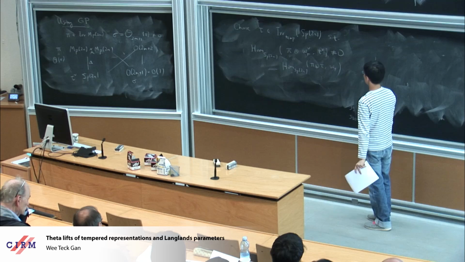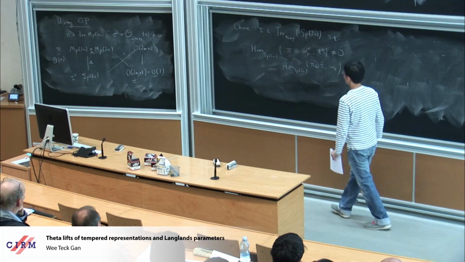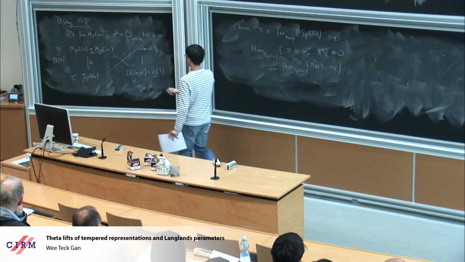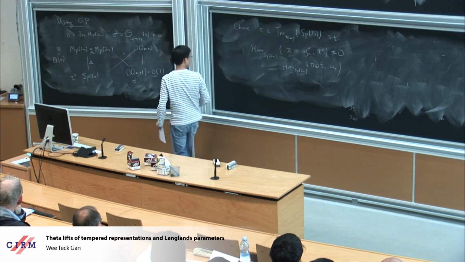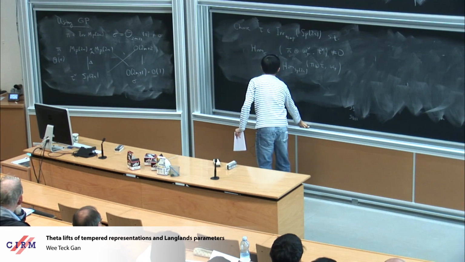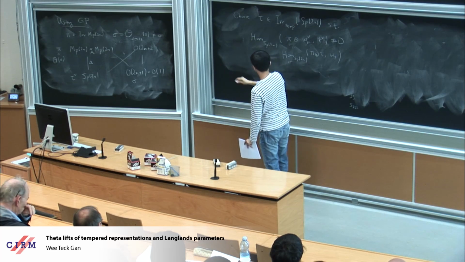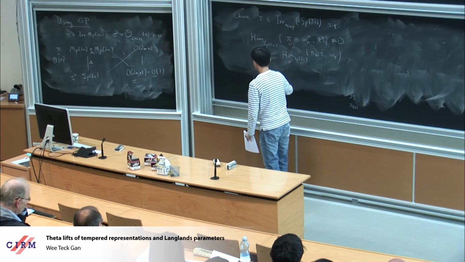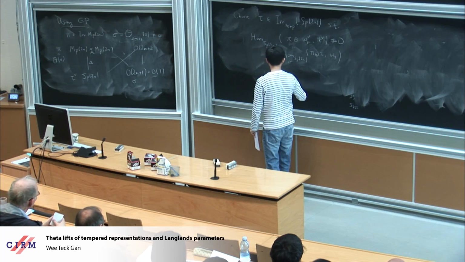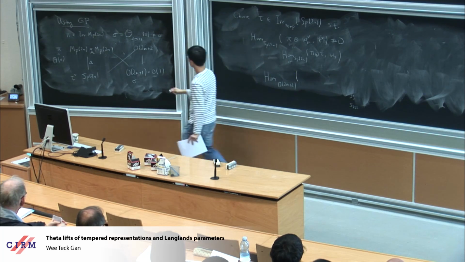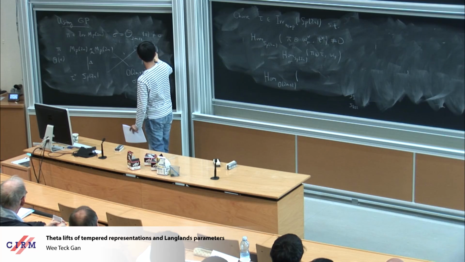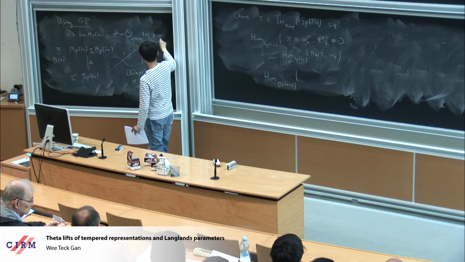Suppose you have such a tau. Then you will have this seesaw identity you can use. This Hom space is equal to O2m plus 1. Okay. So you will have the theta lift of tau check here.